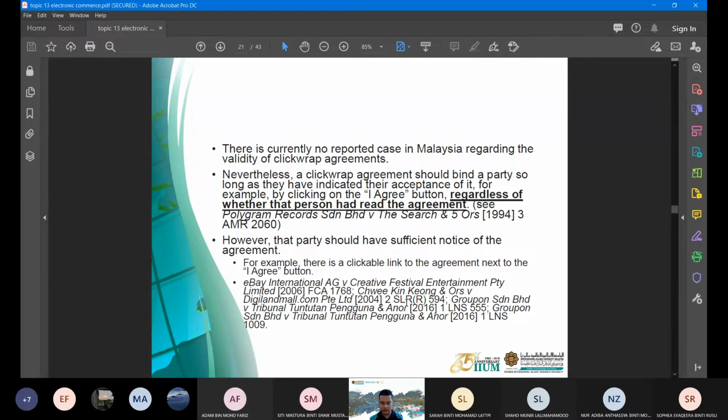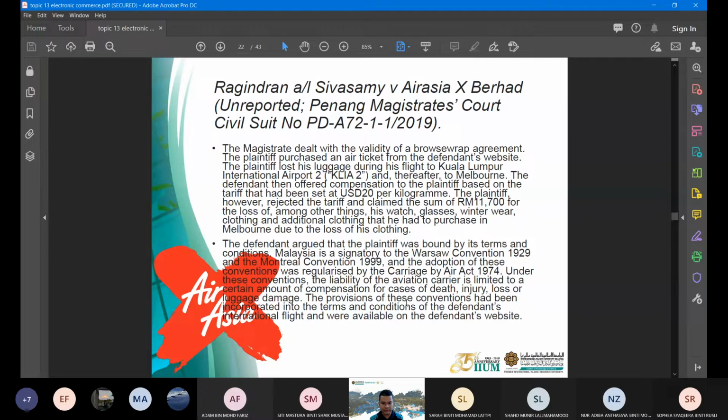So if you want to purchase an AirAsia ticket, at the agree button, there should also be sufficient graphic or wording to say you click here to read the full agreement. If the customer still chooses not to read the full agreement, then they cannot blame anyone else for not reading it.